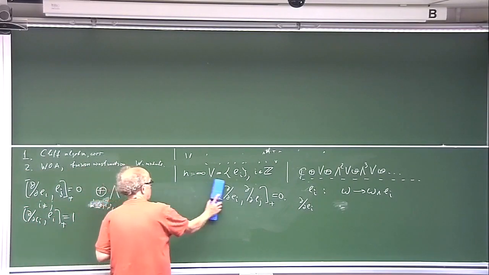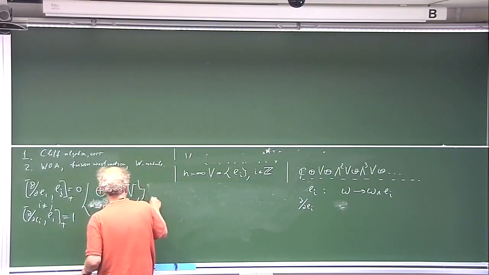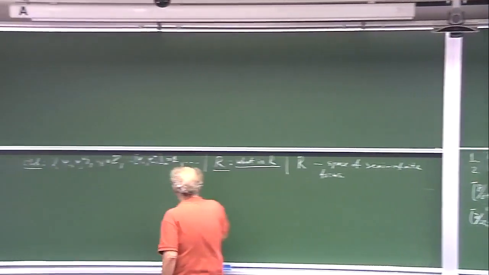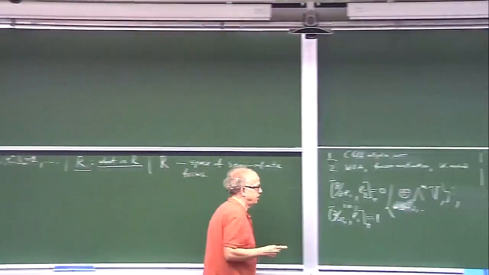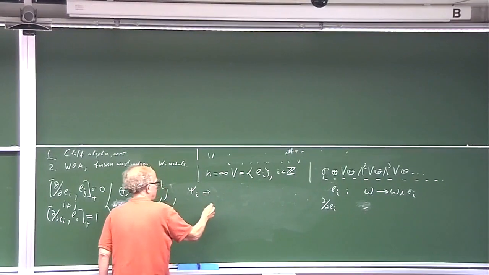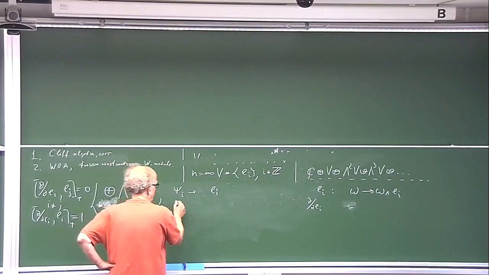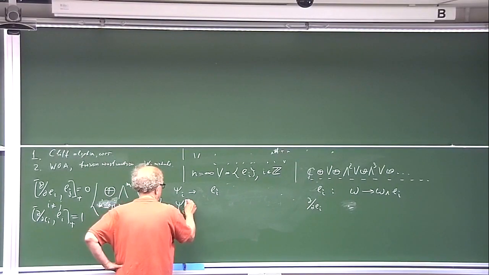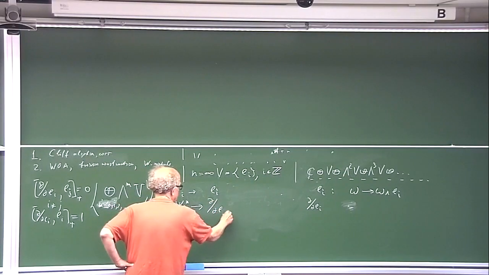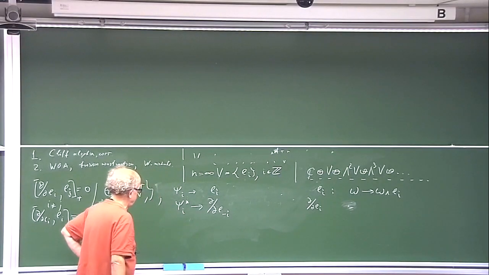Then what do we have? If we have this space, then such algebras are acting here. Namely, the operator psi_i goes to the operator e_i, just the product with e_i, and the operator psi_i star goes to the derivation.